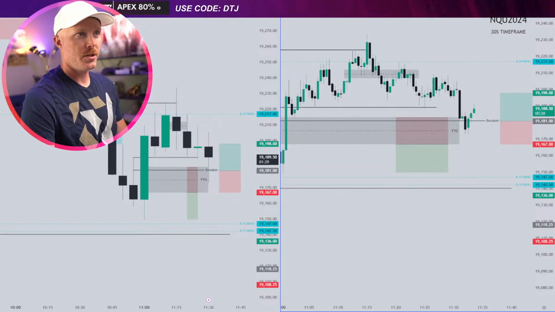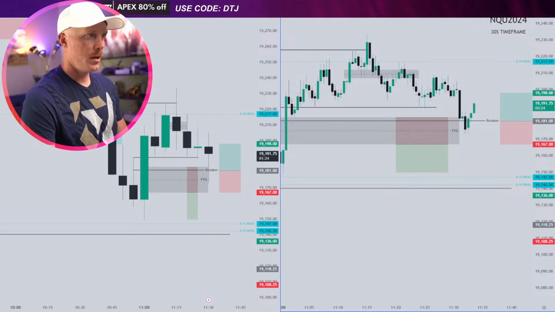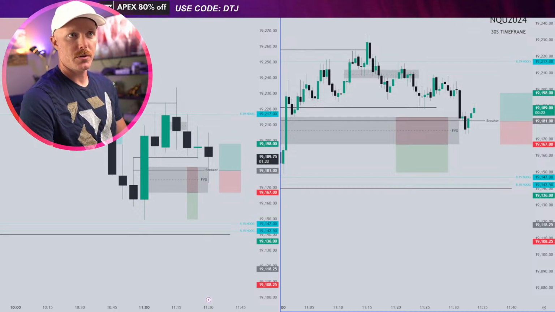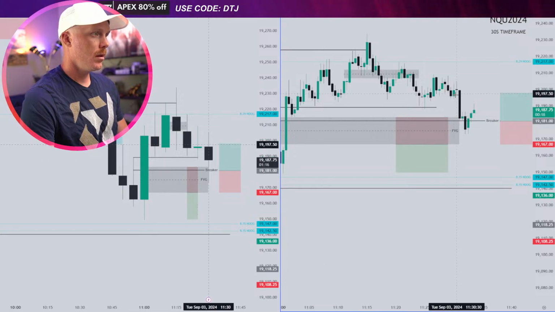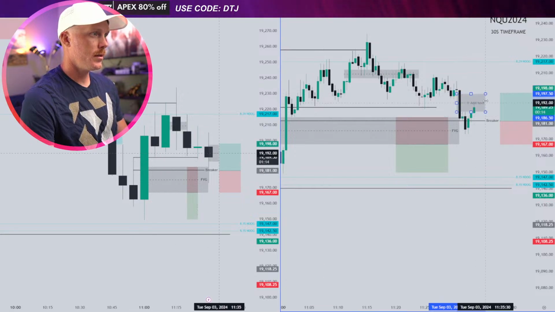Okay, there's our 1 minute change in state of delivery right there. I'm going to take a personal long right there. I'm going to look for confirmation on the close above this.